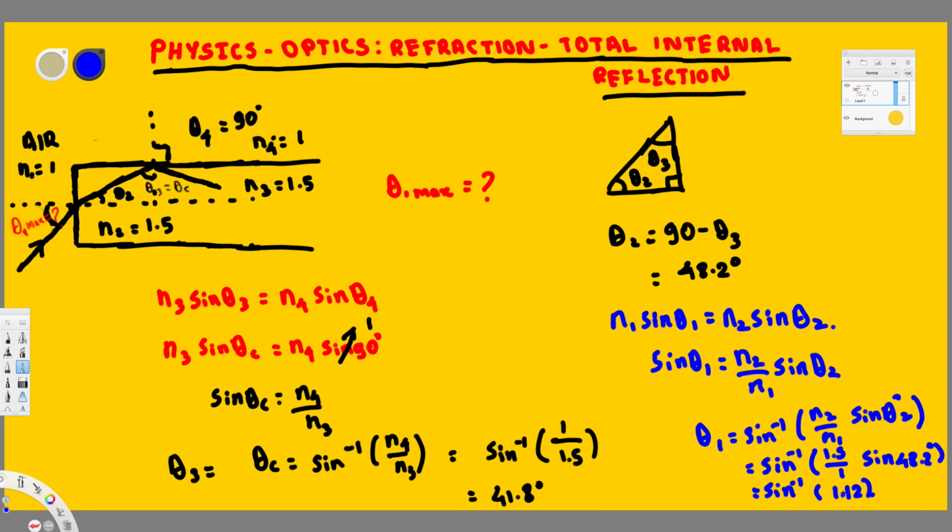So what this means is this maximum angle can be anything. It doesn't matter what angle you put, if you shine a light, it's always going to stay inside of the fiber optic cable.